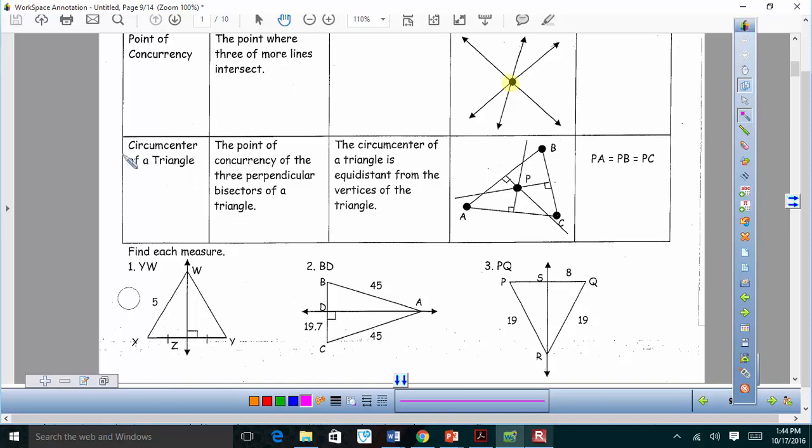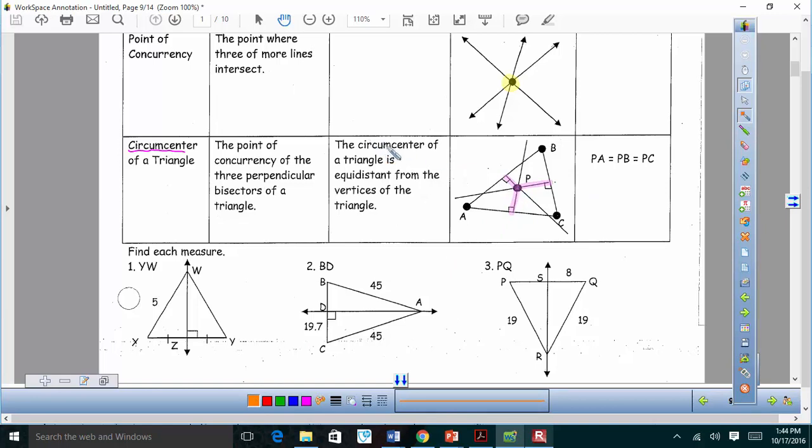Today we're talking about the circumcenter of the triangle, which is the point of concurrency of the three perpendicular bisectors. So my perpendicular bisectors in this figure are the ones that form the right angles. So this is a perpendicular bisector, this is a perpendicular bisector, and this is a perpendicular bisector. So the very center of all of those is called the circumcenter.